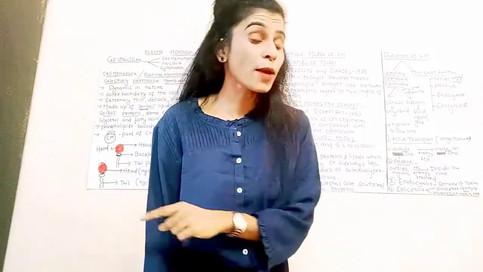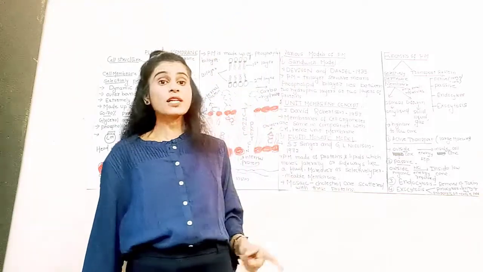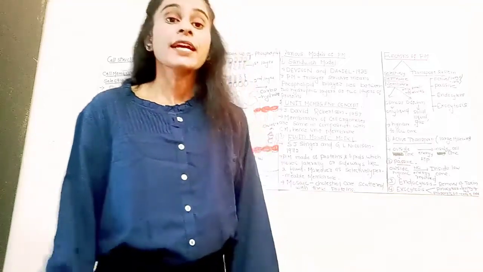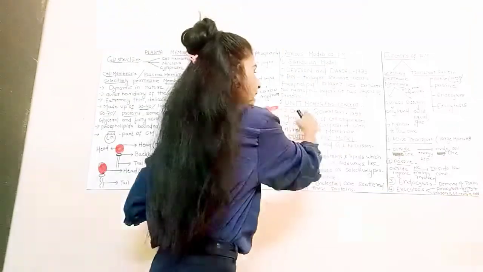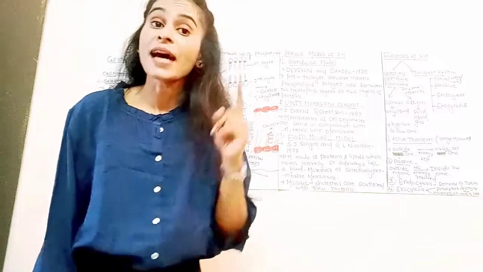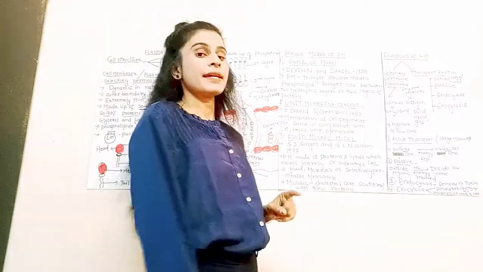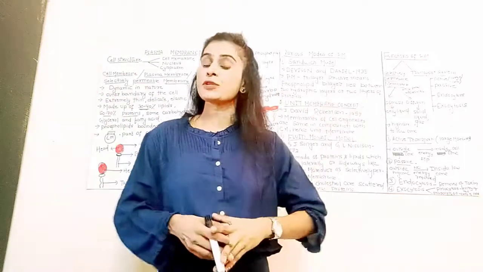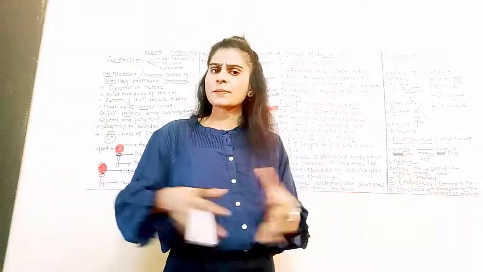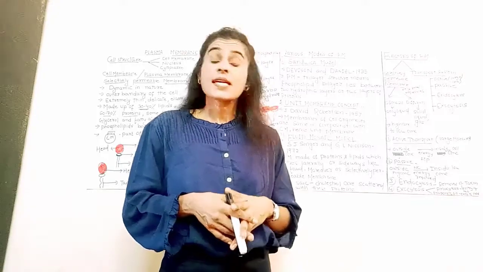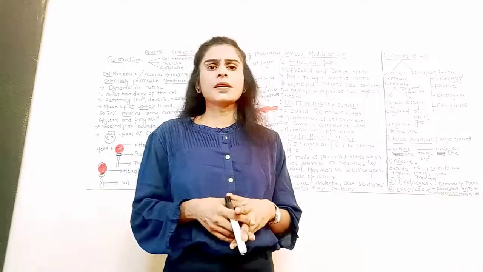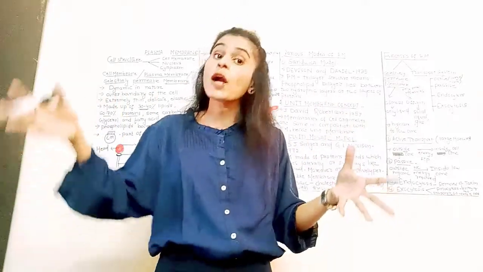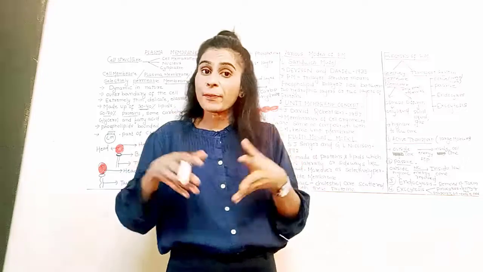And who first put forward this unit membrane concept? It's none other than J. David Robertson. It was first put forward by J. David Robertson in the year 1959. So what does this concept say? It says that inside the cell, organelles are there, and cell organelles also have an outer covering, which is a membrane.